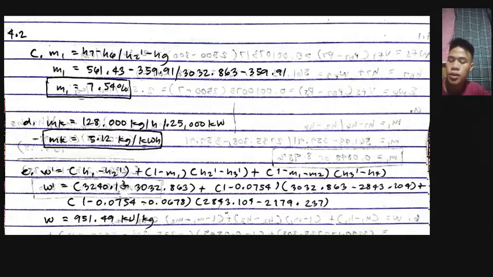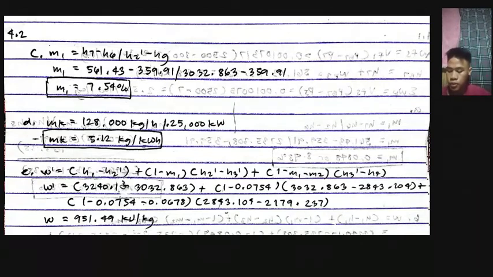By calculating it, M sub 1 equals 7.54%. And next, letter D, MK equals 128,000 kilogram per hour over 25,000 kilowatts. By calculating it, our MK equals 5.12 kilogram per kilowatt hour.